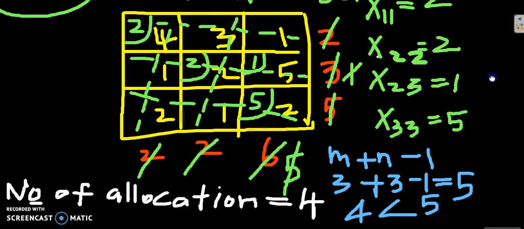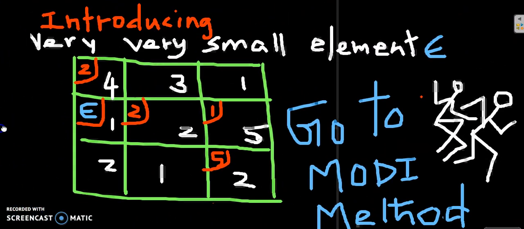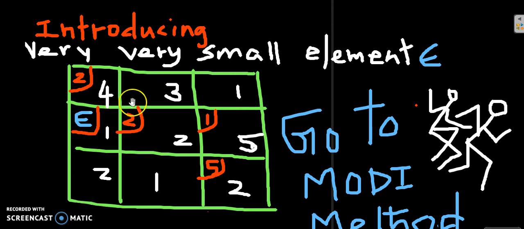So how can we change this? I will do that now. This is the way we can change a degenerate problem into a non-degenerate problem. Now take the given matrix. In that matrix, which is the cell with the very lowest transportation cost?